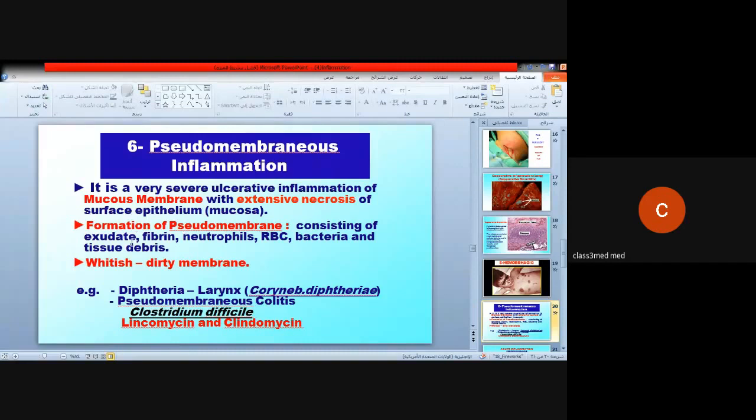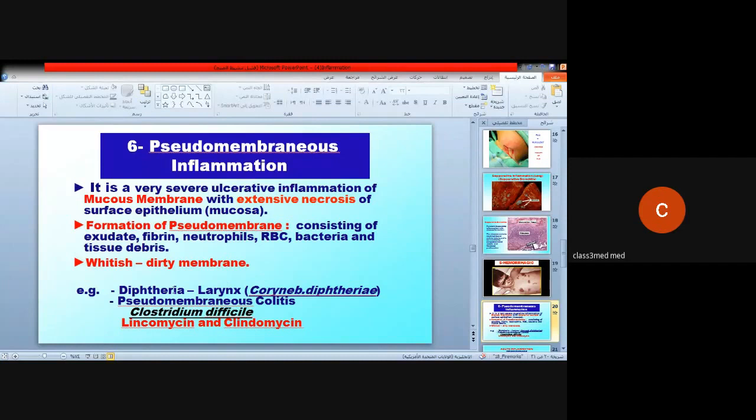An example of pseudomembranous inflammation is diphtheria, which is acute inflammation by Corynebacterium diphtheriae.